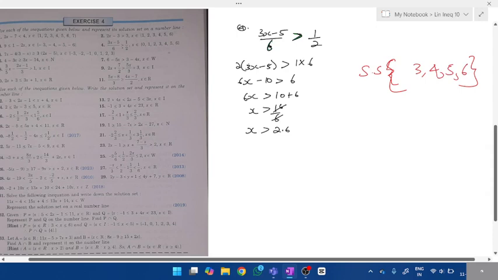X belongs to certain values, and you have to plot 0, 1, 2, 3, 4.